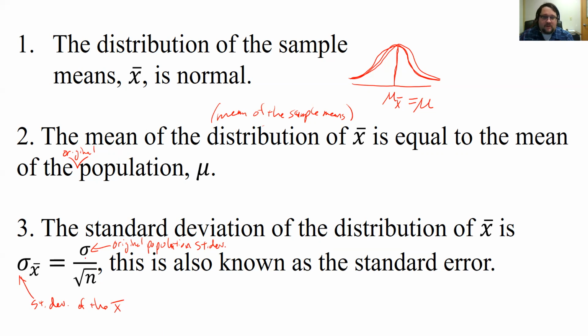Instead, it's usually going to be some lower number. Take the standard deviation and divide by the square root of your sample size. The bigger the sample size, the smaller the standard deviation is going to end up being. So as you get bigger and bigger sample sizes, your bell curve, where I'll draw it here, is going to get steeper and steeper as n gets bigger.